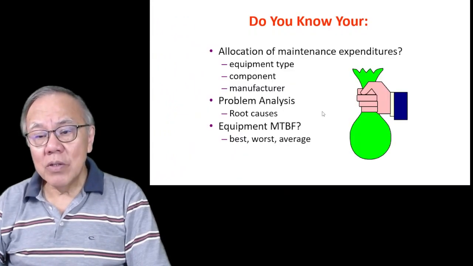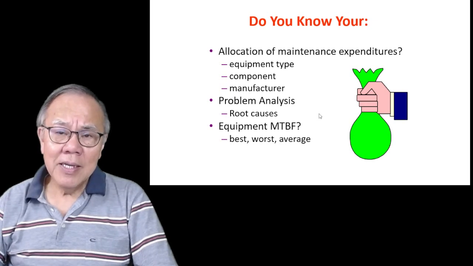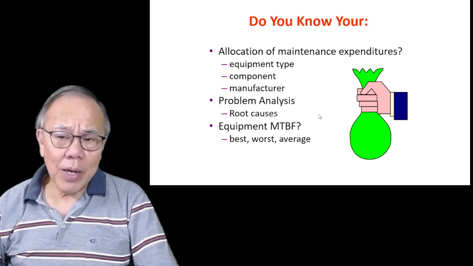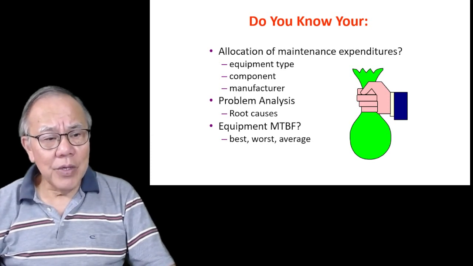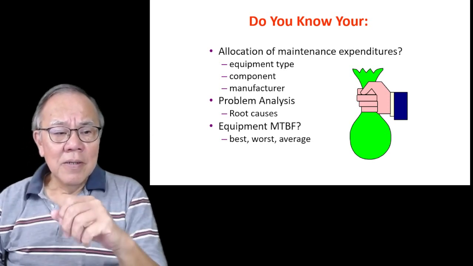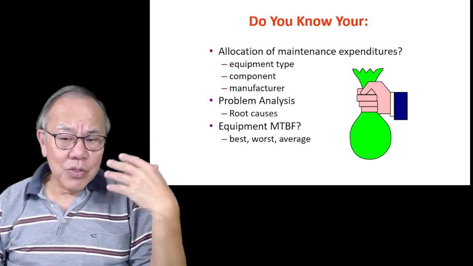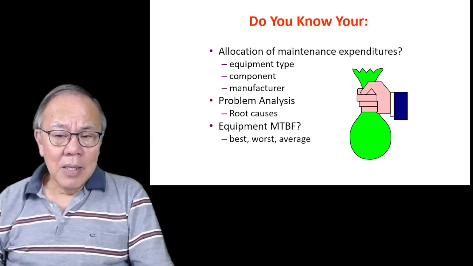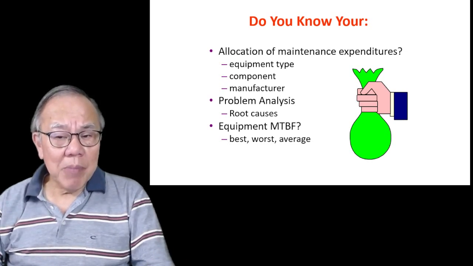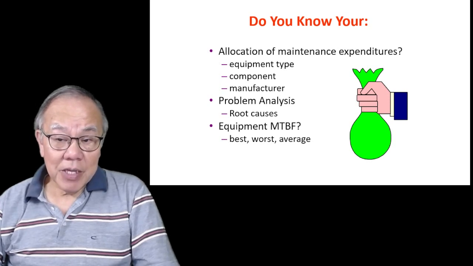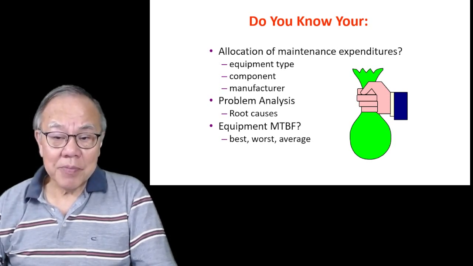So in order for us to know what's happening, as we always say, unless we know what we are measuring, or unless we have the data, we will not be able to know how our equipment and department are performing. For example, how do you know how much maintenance expenditure you should have?